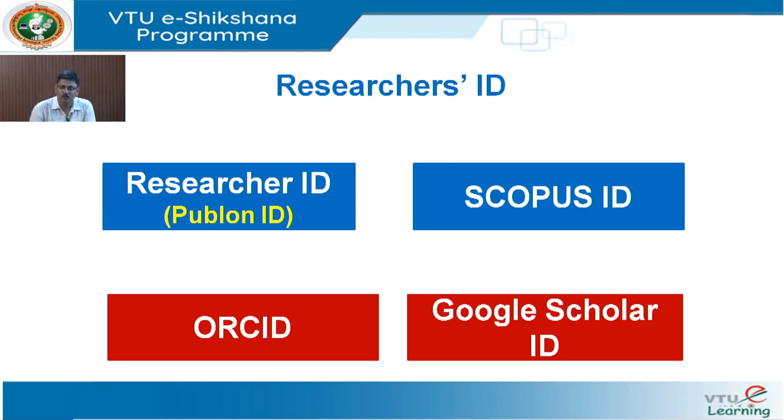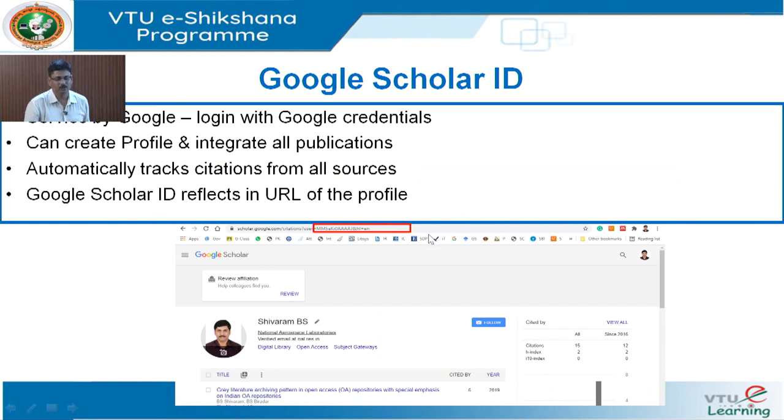Also, there is the Google Scholar ID, where you can integrate all your publications by creating a Google Scholar profile, where Google will try to capture all citation-based metrics. Once you create a Google Scholar profile, after the equal symbol in the URL there will be an alphanumeric ID. That will be your Google Scholar ID.